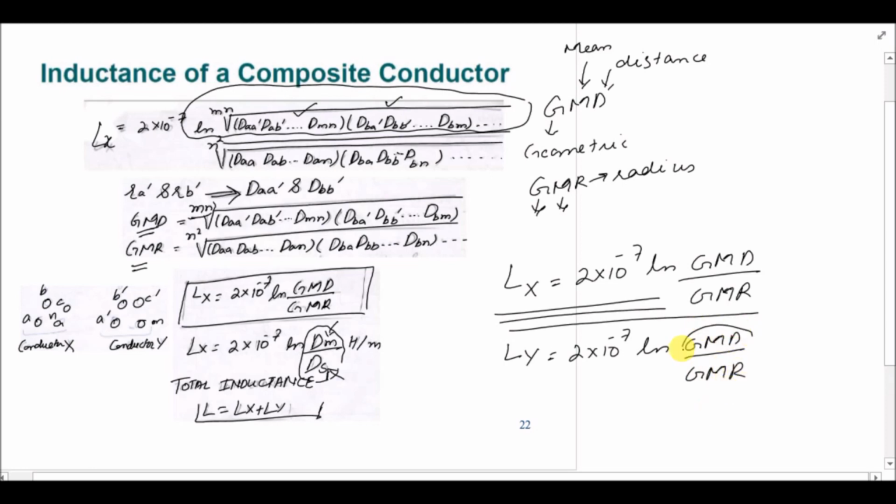But now GMD and GMR values will be different, right? And then if you have to find the total inductance of the single phase line, for example in this case, then you have to just add these two inductances, so that will give you the inductance of the whole line. So this was the derivation of the formula to calculate the inductance of a composite conductor. Thank you.